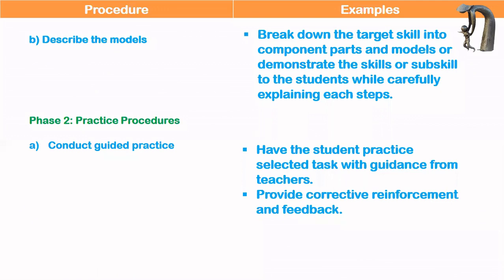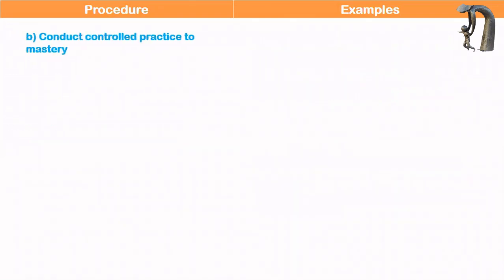You have learned about reinforcement, whereas the teacher must trigger the reinforcers as per the need of the child when they're learning the selected activity or task. And the second one is conduct controlled practice to mastery.